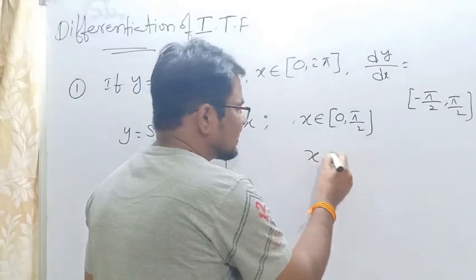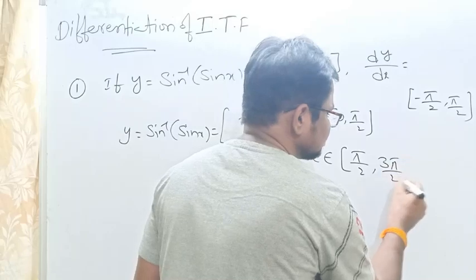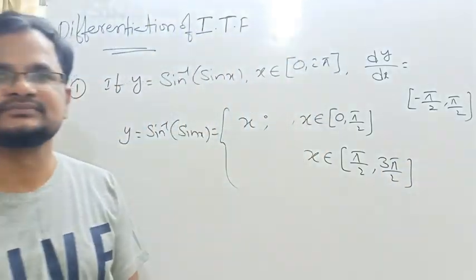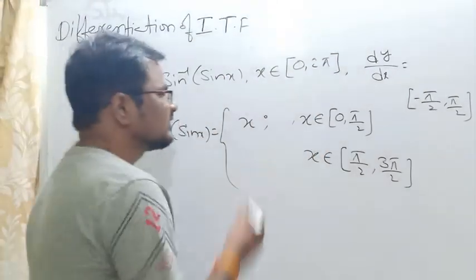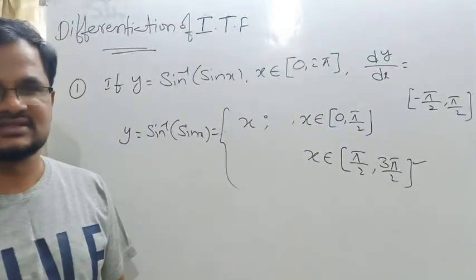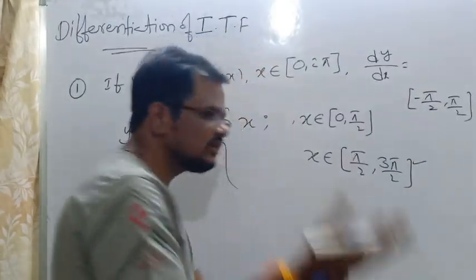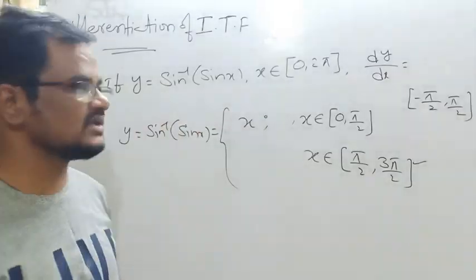Now if x belongs to pi by 2 to 3 pi by 2, this does not belong to the range of sine inverse x. So we have to convert this interval into the range of sine inverse x.